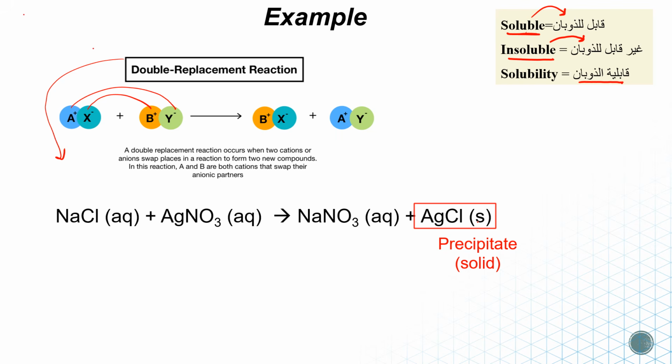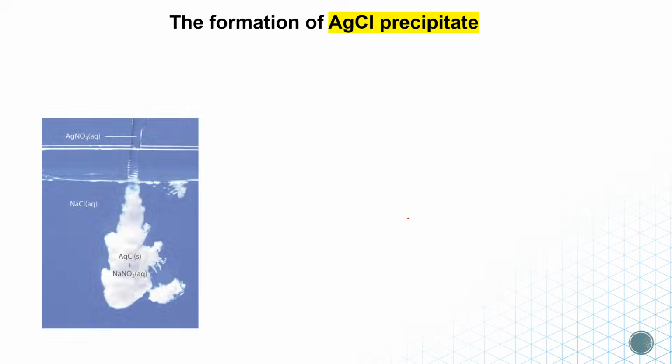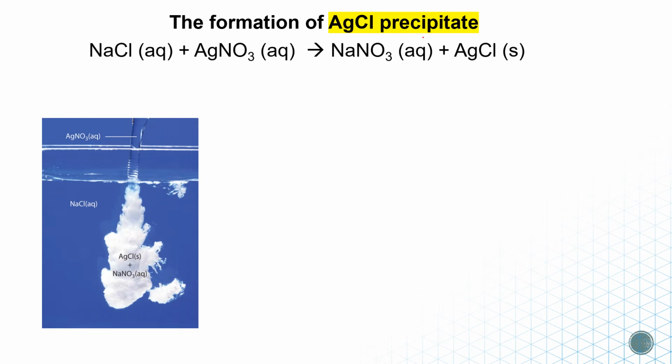It's a solid, okay? So basically, how is AgCl precipitate formed? So this is an aqueous solution, this is an aqueous solution. If we mix both of them, here we have NaCl in the water below, and I am adding to it AgNO3. What will be formed? NaNO3 AQ will be formed, and this white substance is the AgCl solid that precipitates.